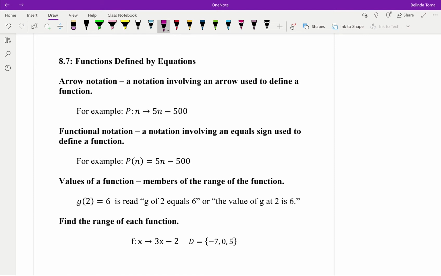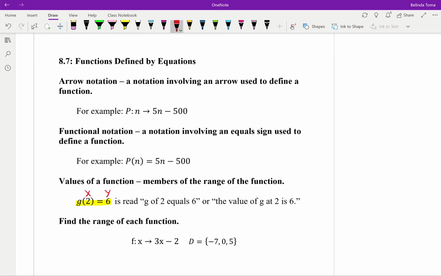So this would be read right here, g of 2 equals 6, or the value of g at 2 is 6. It means we're putting 2 into the function and we're getting out 6 from the function. In other words, the x is our 2 and our 6 is our y.